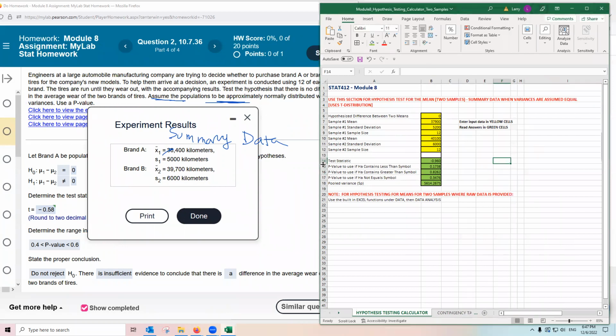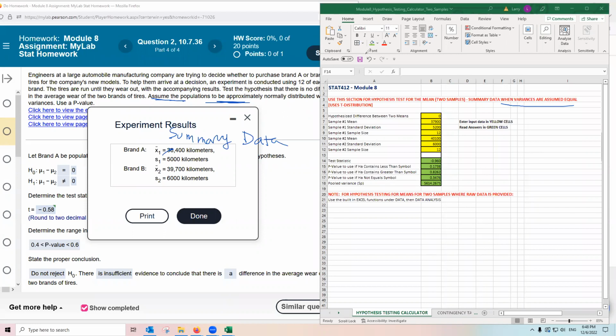Notice here it says when variances are assumed equal. So we're going to use this calculator. If you remember, you put data in the yellow cells and you get the answers out of the green cells. Let me go ahead and enter in the data here for this example.